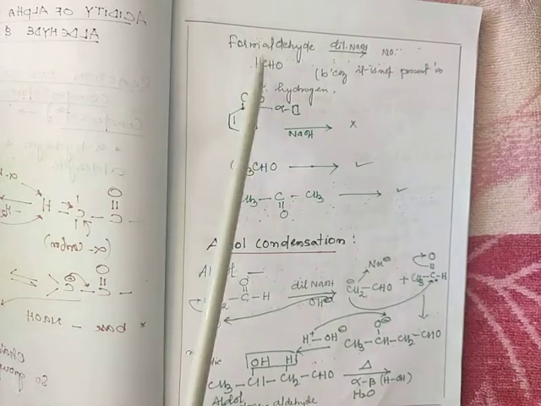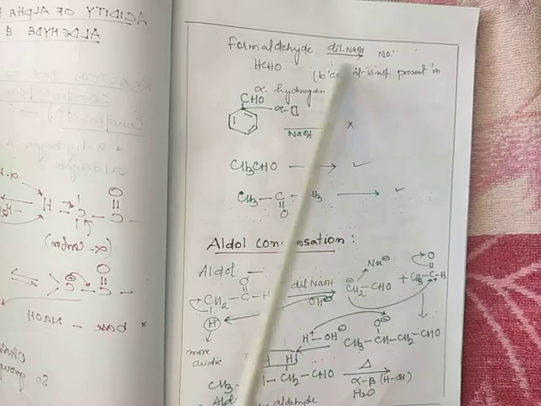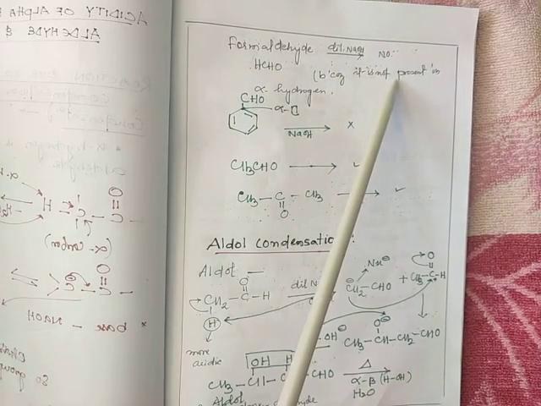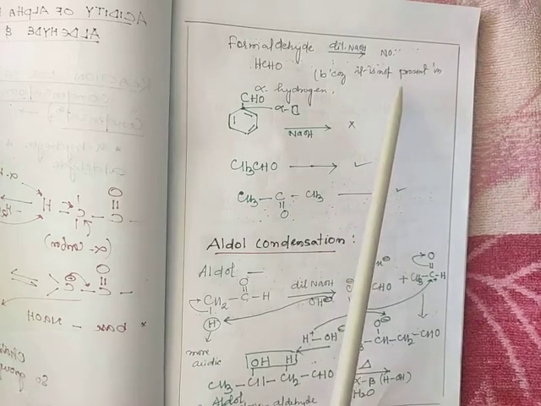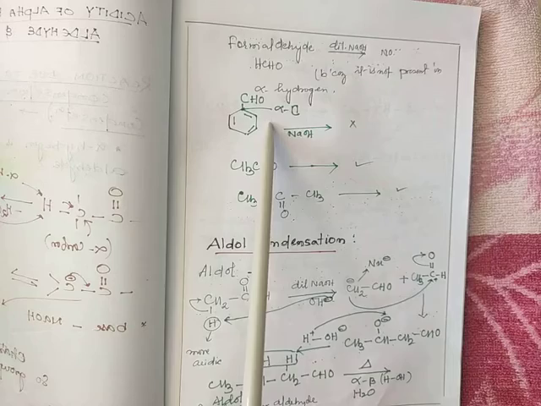Now the next one, formaldehyde in dilute sodium hydroxide. When we use formaldehyde in basic medium, it will not give any product because no alpha hydrogen is present.